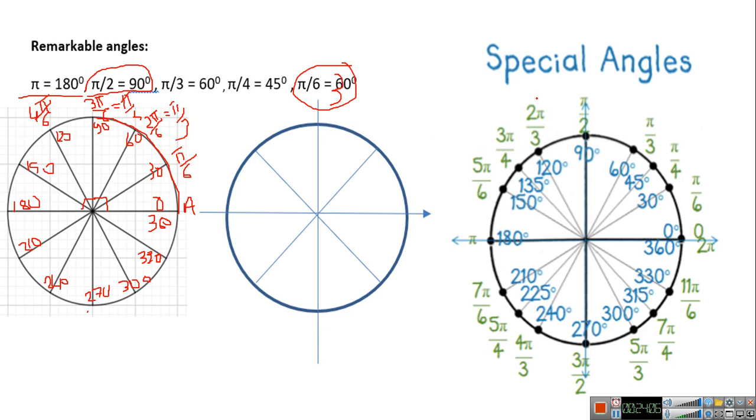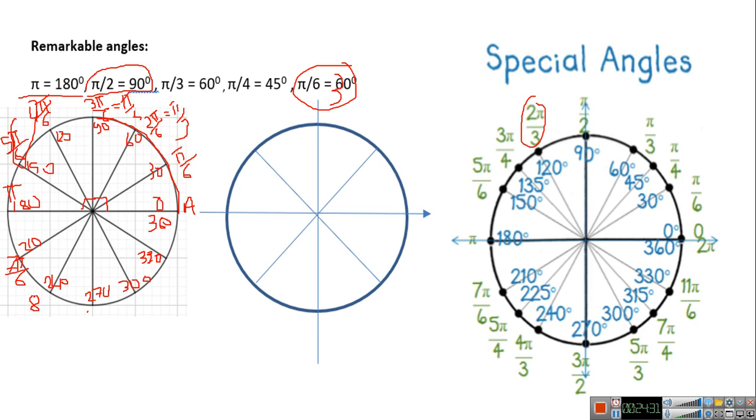If you simplify it, you can see it's 2 pi over 3. 5 pi over 6. What does 5 pi over 6 mean? Read pi over 6 as 30. 5 times 30: 1, 2, 3, 4, 5. Here 6 pi over 6. 6 pi over 6 is pi.